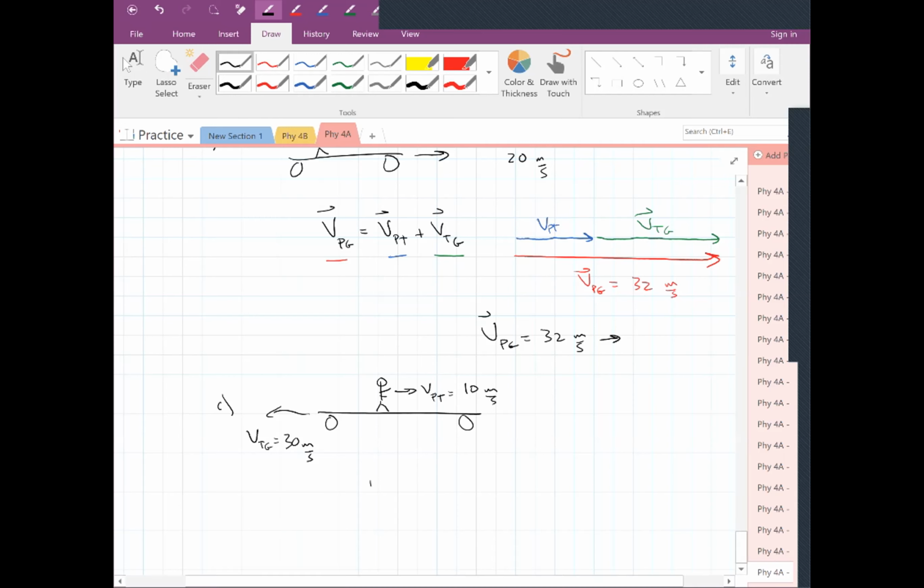Okay, V person ground is V person train plus V train ground. Get in the habit of thinking along these lines. So the person with respect to the train is 10. So I'll go 5, 10.